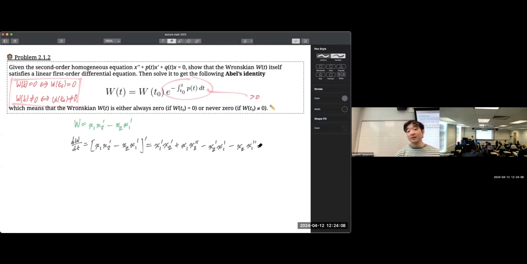And then you can see that these two cancel, and you're left with just x1 x2 double prime minus x2 x1 double prime. And then I'm just going to plug in.